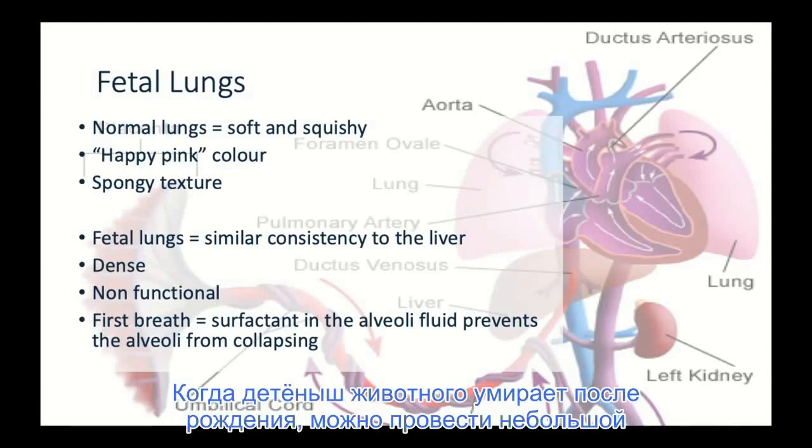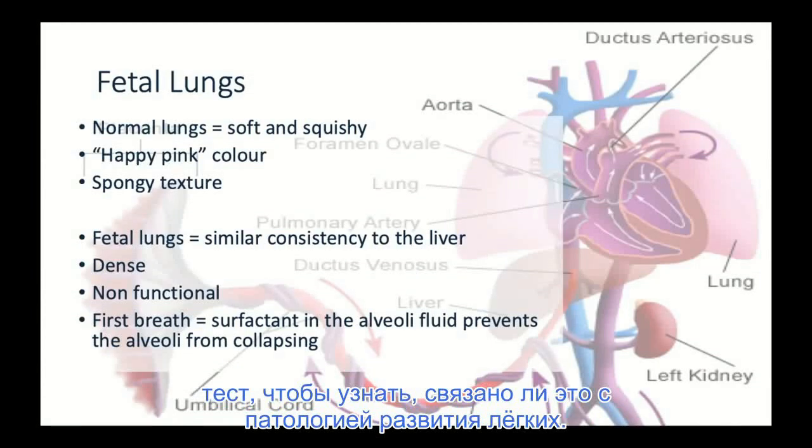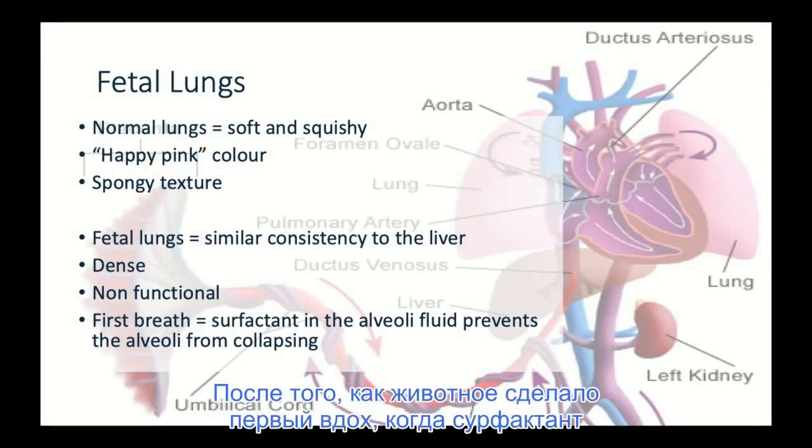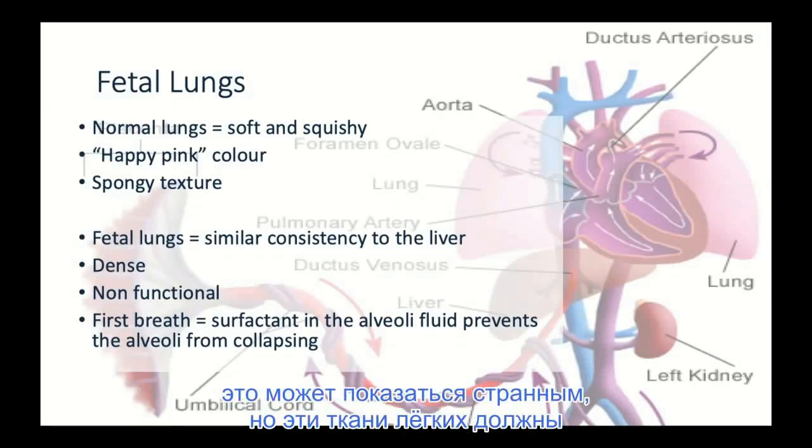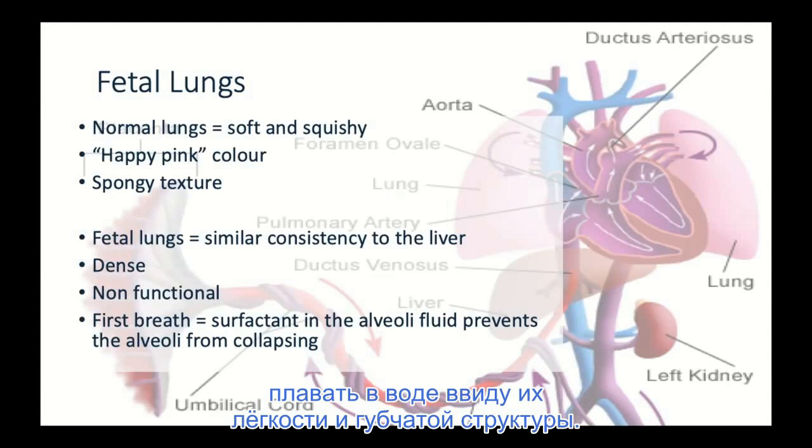There's one little test they can do if an animal dies after birth, if they want to find out if it was lung development related or not. After the animal's first breath, once that surfactant in the alveoli expands and prevents the alveoli from collapsing, it sounds weird, but that lung tissue should float in water because it's spongy and it's light.